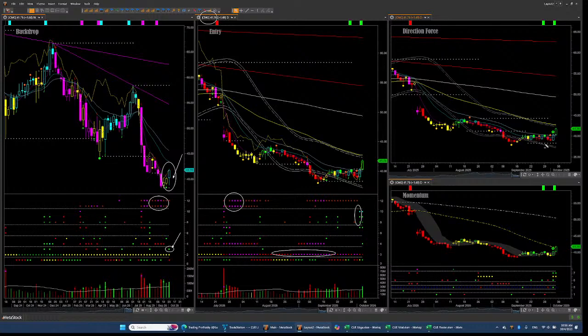If we look at the direction force on Thursday, it had 4 direction forces, bullish directional forces. If we look at the momentum chart, it had 4 bullish momentum on Thursday, and that was the buying day. And I used these signals along with the insider buying status to take a long position on CMG on Thursday.